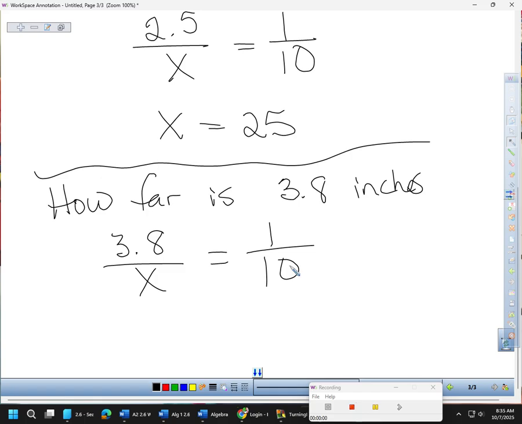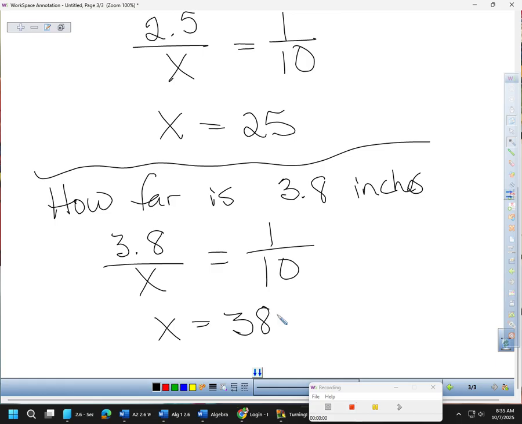It's part of the same example. So if we cross multiply, x times 1 is x, and 10 times 3.8 is 38. This is exactly what you have to do for 14 and 16. Actually, 14, 16, actually a lot of them.